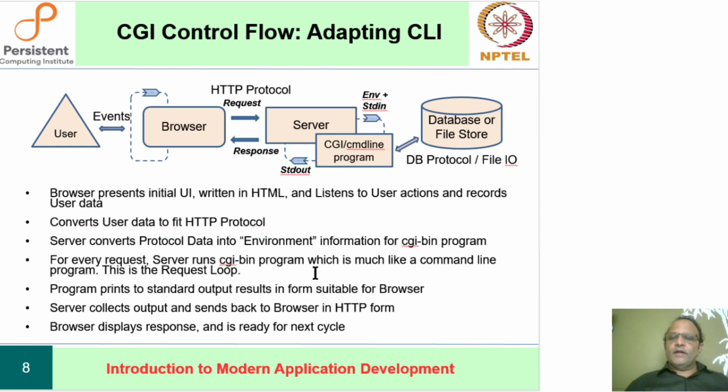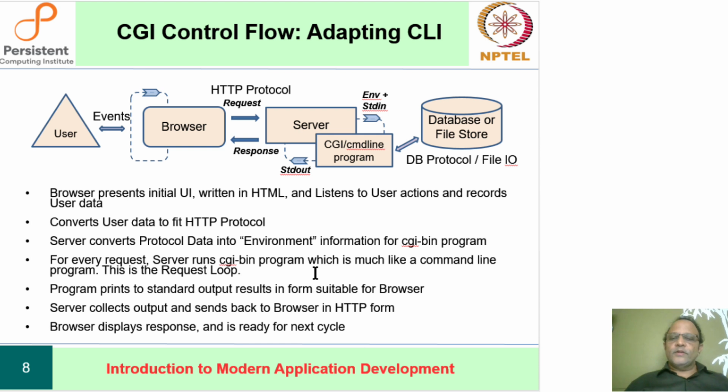The next step that we go to is to look at the internal architecture of how we build the server program. And in our case, we achieved what is essentially a hybrid. We took the command line program, repurposed it, and let the server execute it. So let's go through the sequence of what happens here.